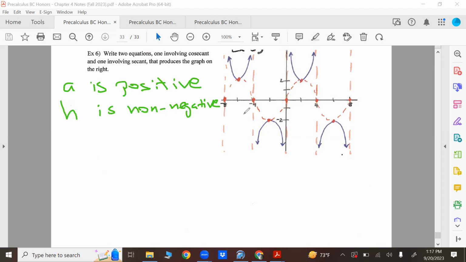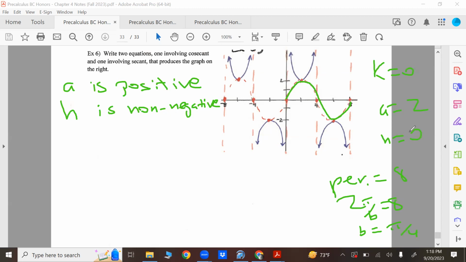Let's start with cosecant. So this is like a sine curve, right? The period is clearly 8. 2 pi over b equals 8. What is b going to be, guys? Pi over 4. What's the a value here? 2. Is there a k value? No, so 0. And there's no shift, so h is 0.